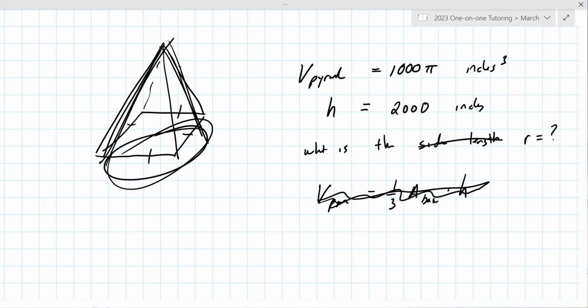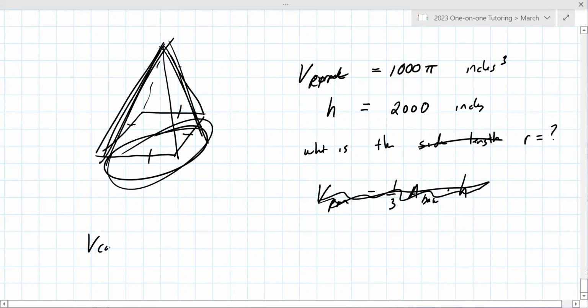So then divide by pi. So 3,000 divided by... Am I using the pi button or 3.14? The formula for a cone has a pi in it, right? Yeah. 1/3 pi r squared h. Do you want it to be in exact terms or do you want me to divide by pi?